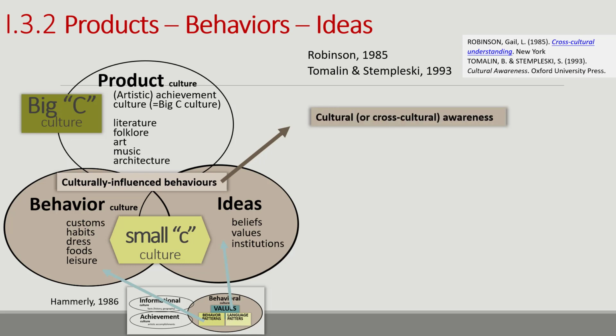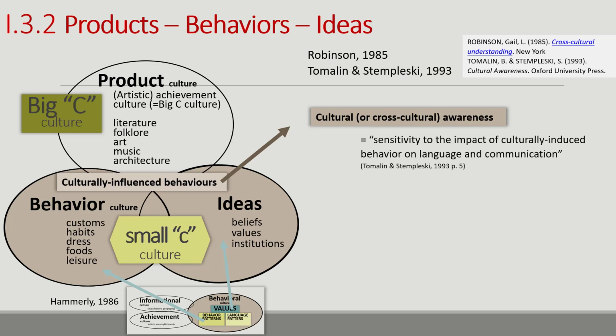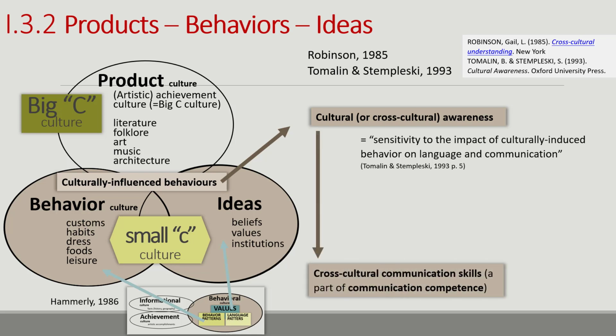That is, sensitivity to the impact of culturally induced behavior on language and communication. Cultural or cross-cultural awareness defines, in turn, the cross-cultural communication skills, a part of communication competence.